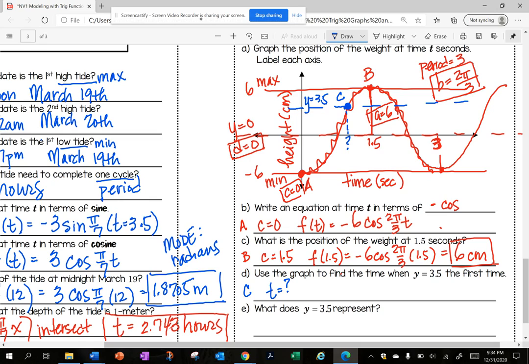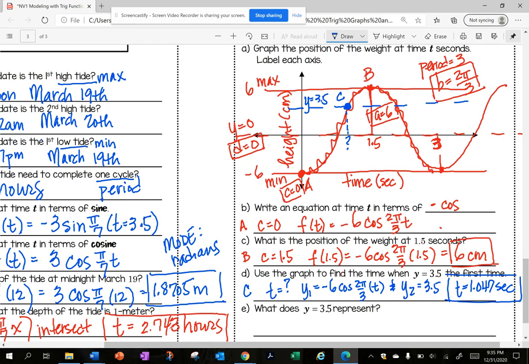So I'm going to find the intersection of those two lines. In y1, I have the minus 6 cosine 2 pi over 3 times t, and in y2, I have 3.5. So I need to adjust my window so I see exactly this, and I'm going to find the intersection. So I get t equals 1.047 seconds.